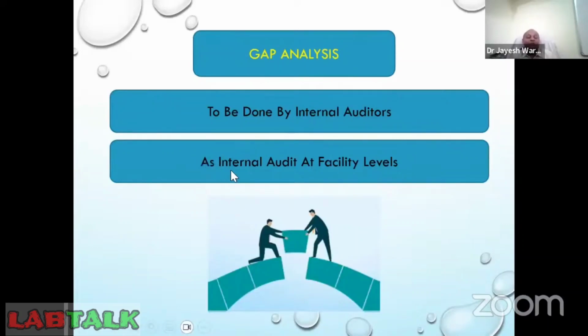And where should it be performed? We have to perform it at all levels: facility level, infrastructure level, instrumentation level, documentation level, resource level, manpower level, and organizational level. So a gap audit by an internal auditor must be performed at all levels of your organization.